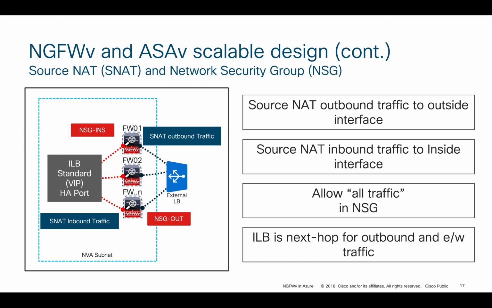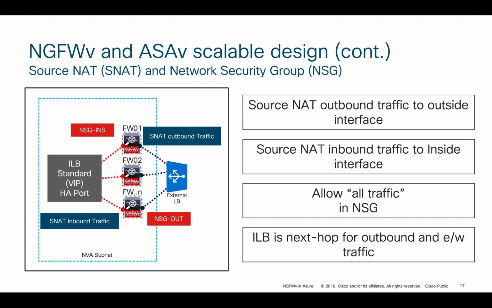If you're using a standard load balancer, make sure that you have an NSG applied to the interface. If you don't have an NSG applied to the interface, your traffic is going to be dropped by default.